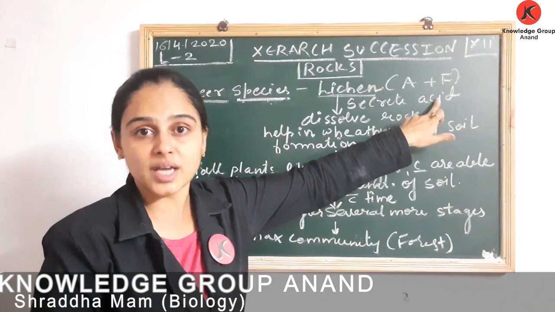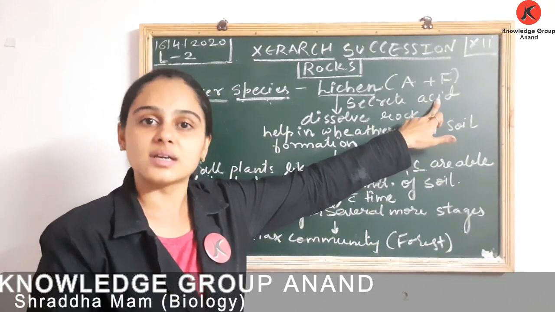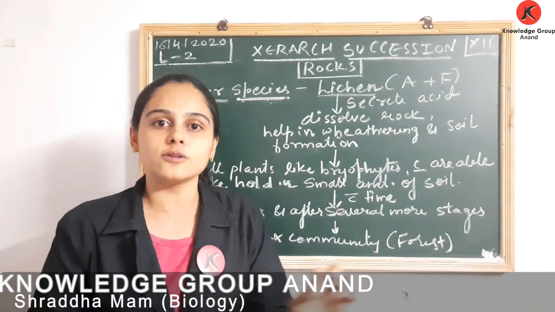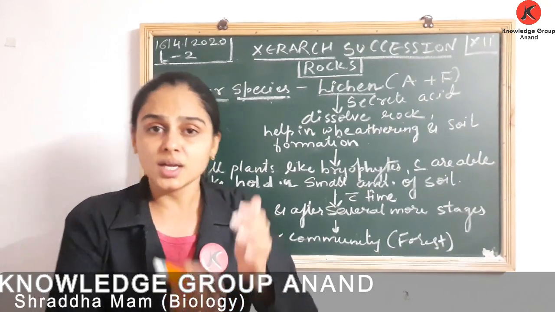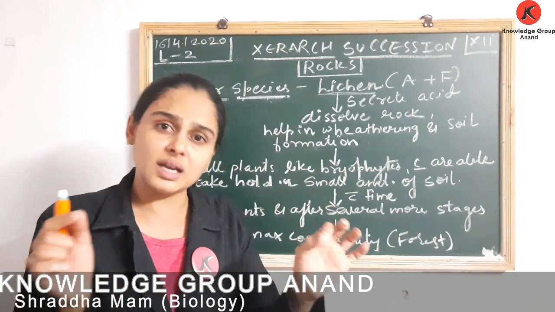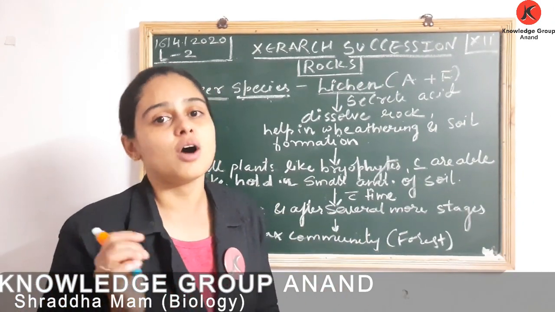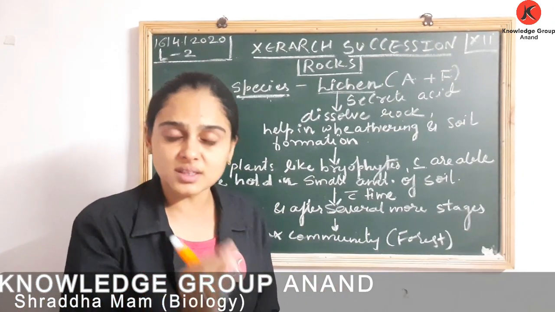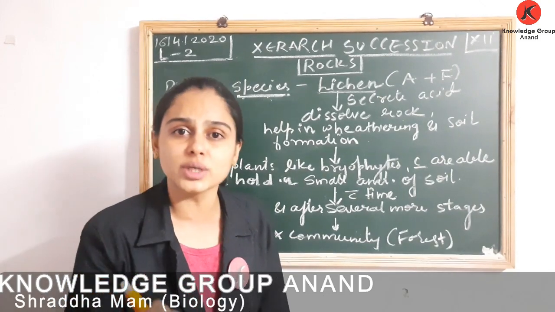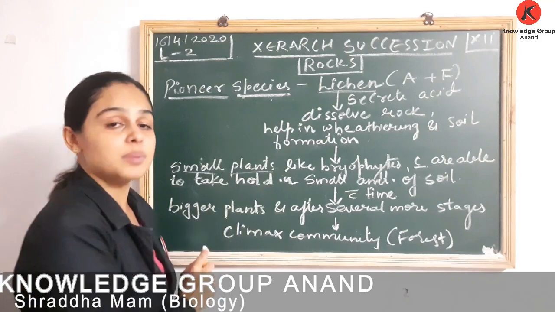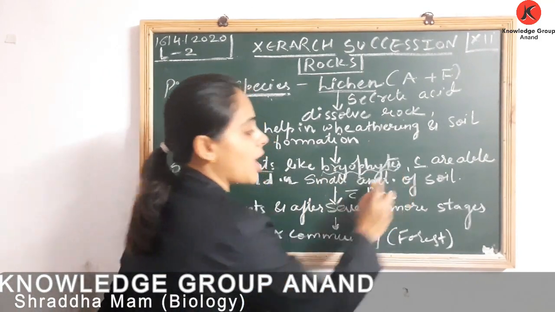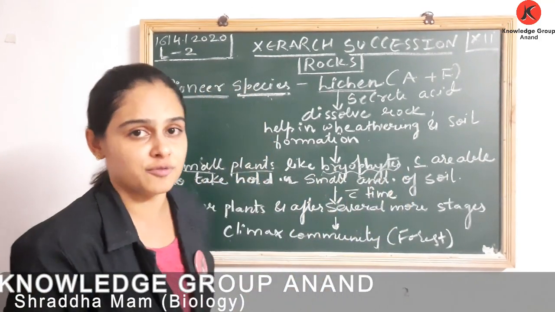This acid that lichens secrete dissolves rocks and helps in the weathering process, because of which a very thin layer of soil is formed. Now this thin layer of soil is suitable for our primitive, smaller plants like bryophytes.